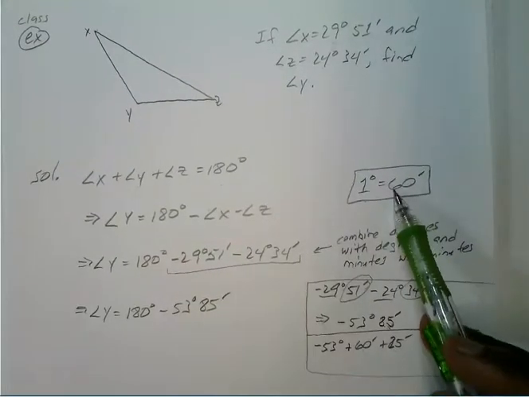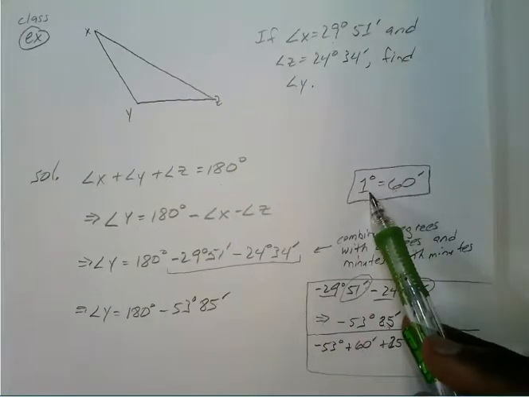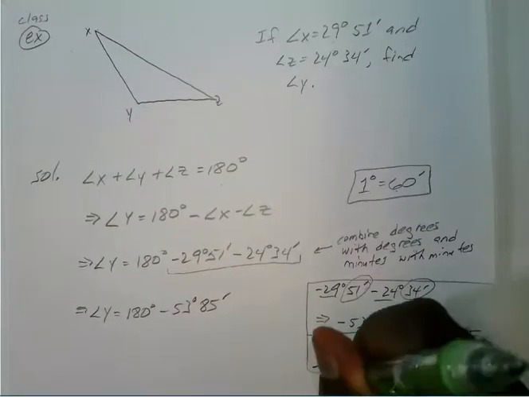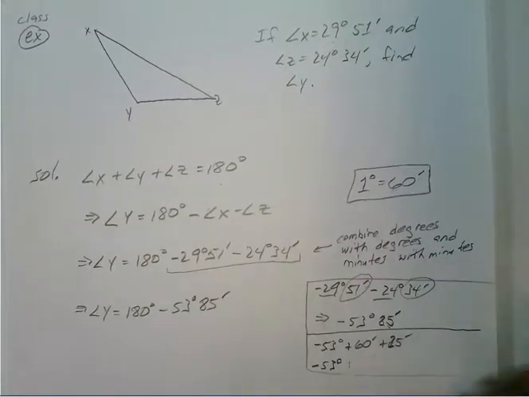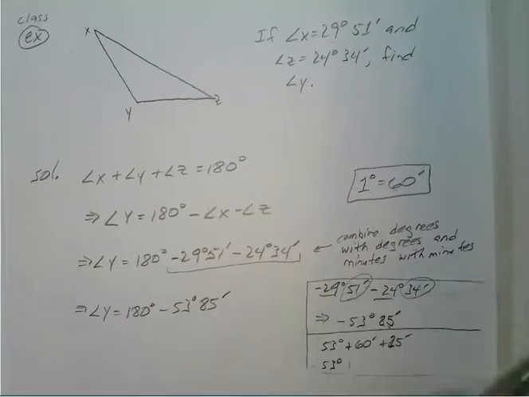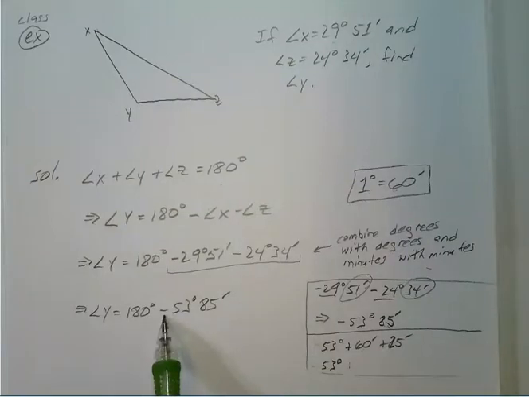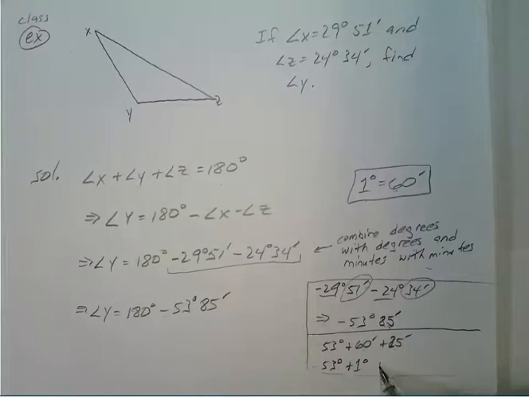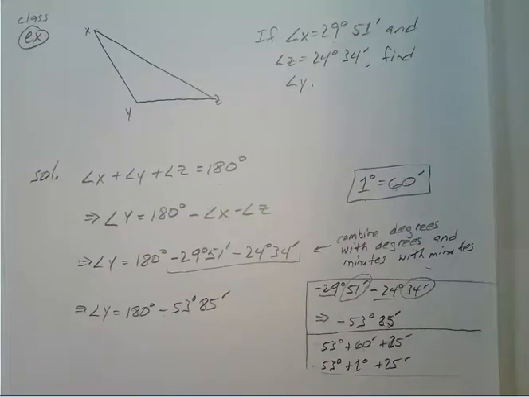Now, you see here, 60 minutes equals 1 degree. So this is negative 53 degrees. Since it's negative, we know it's going to be minus, so we can save the minus and leave that until later.